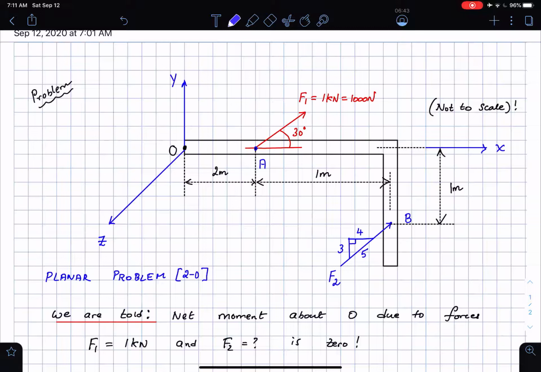Okay, so which tells me that if I have a planar problem, the direction of the moment is either into or out of the page. Okay, that's typically how it works.